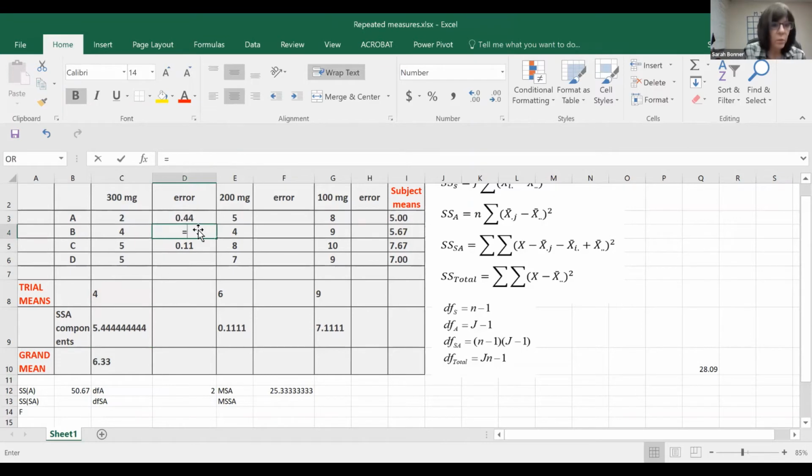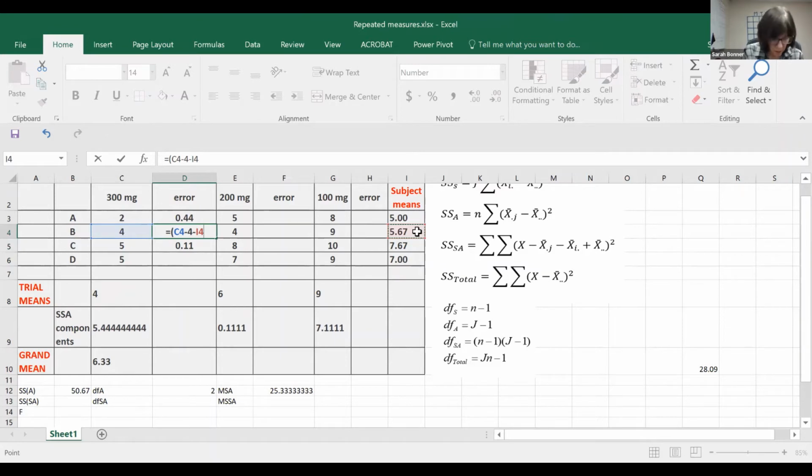We're going to do this one kind of the hand way, equals their individual score minus their group score, which is 4, minus their subject mean, which is, do I go around?